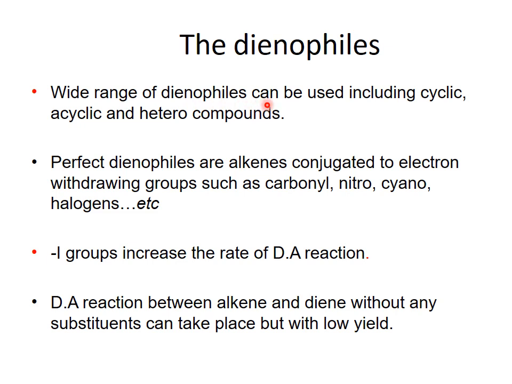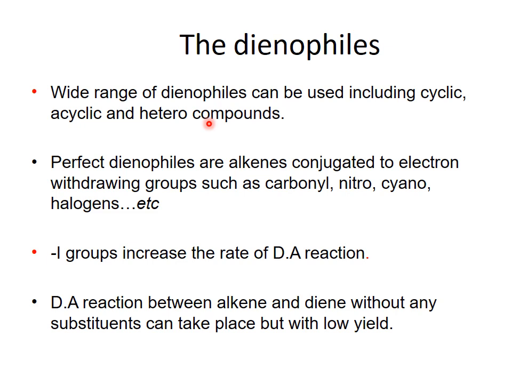Perfect dienophiles are alkenes conjugated to electron withdrawing groups such as carbonyl, nitro, cyano, halogen. These groups are electron withdrawing groups. If these electron withdrawing groups are in conjugation with the double bond, then such alkenes are the best dienophiles.